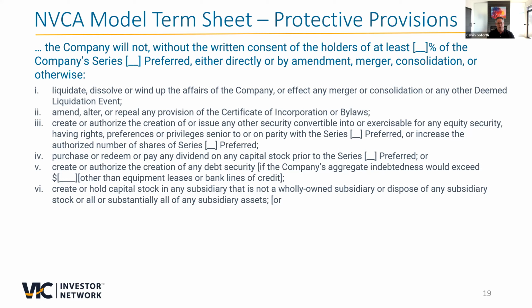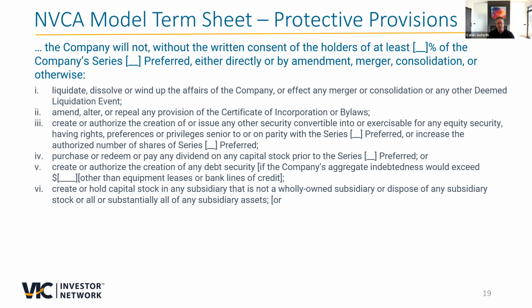Regarding exits and liquidity, you'll see clauses in the model term sheet like drag-along provisions, which basically mean if a majority of both the preferred and common stockholders want to sell the company, all the other stockholders can be dragged along in the sale. So that keeps a small minority from being able to block a sale.